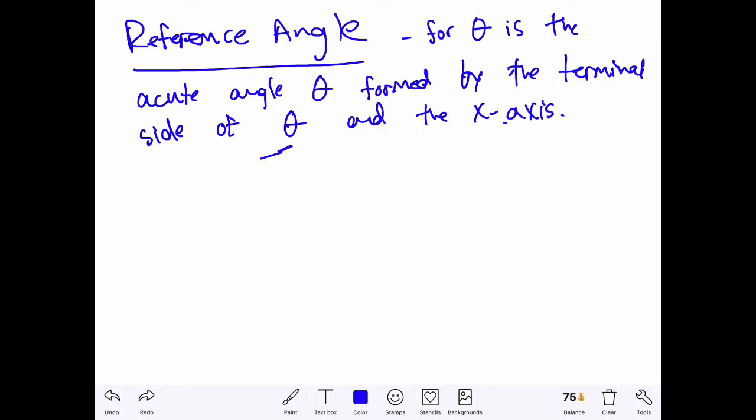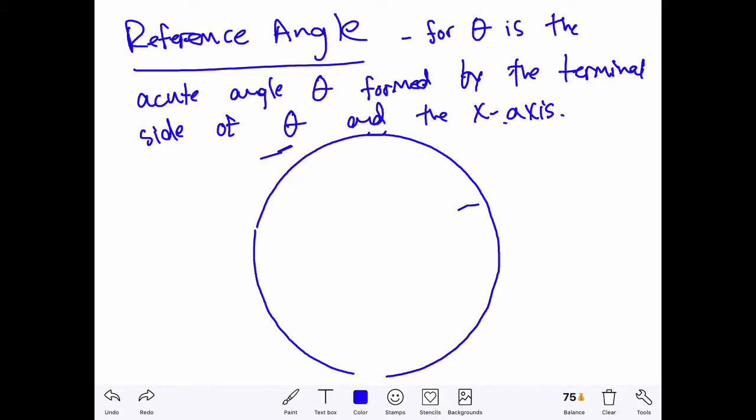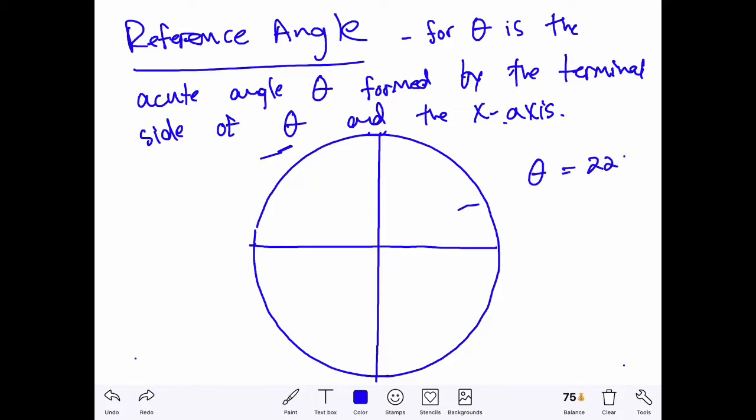Okay, so what does that mean? Well, let's investigate. So maybe I'm given the angle theta of 225 degrees.